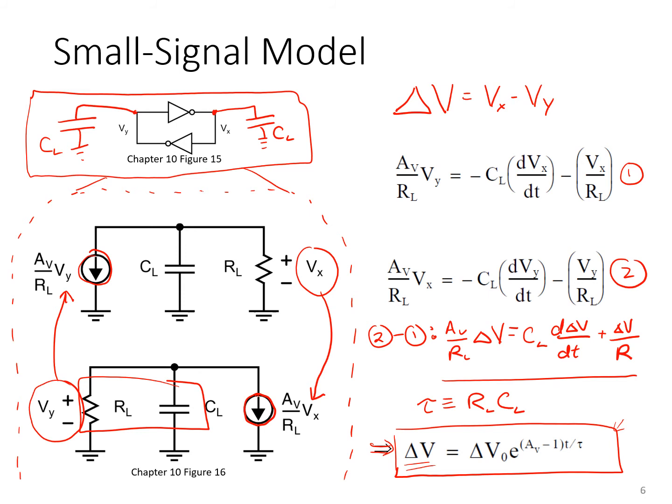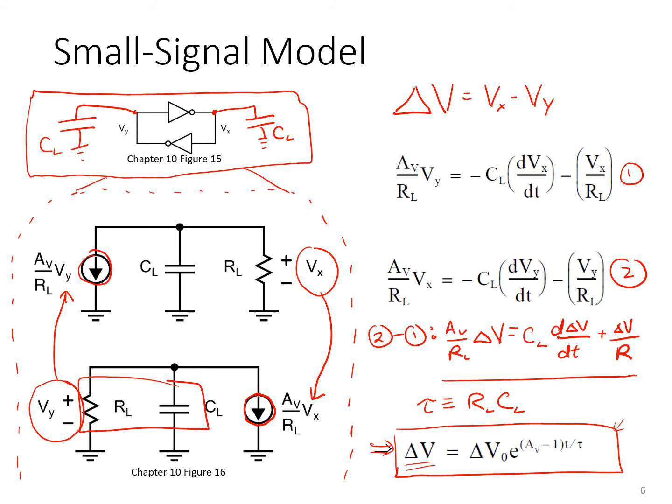So in summary, once the voltages at Vx and Vy reach a bias point that puts the inverters in a position where all transistors are in active mode, then certainly for any reasonable inverters, you're going to have a small signal gain greater than 1.